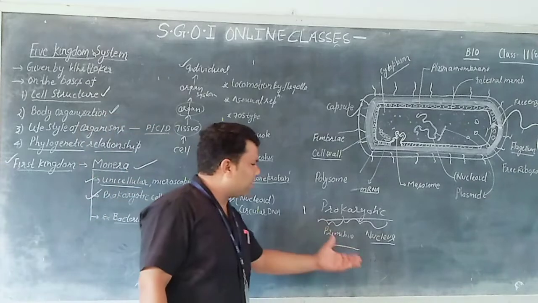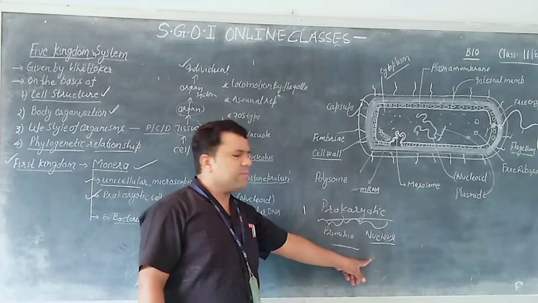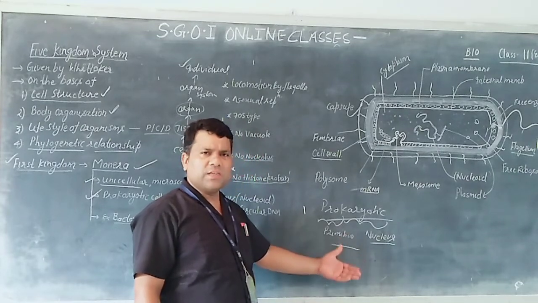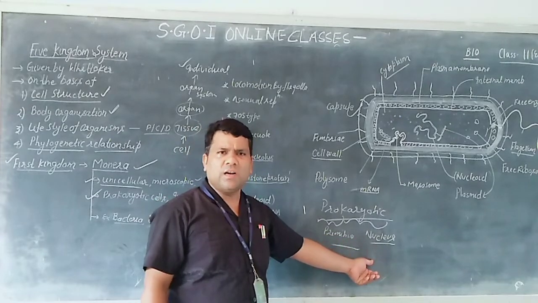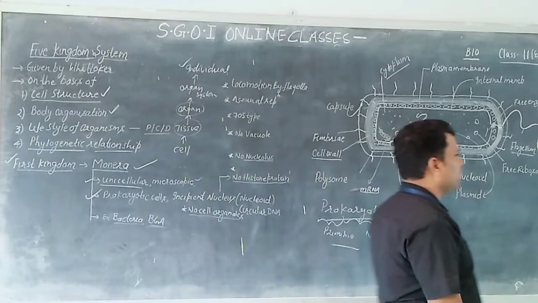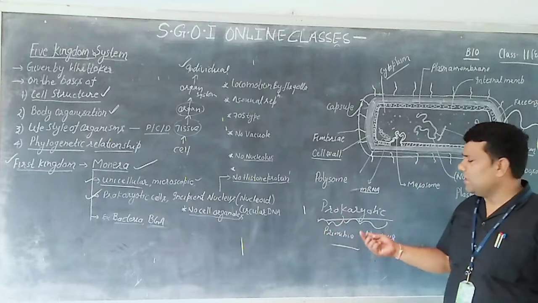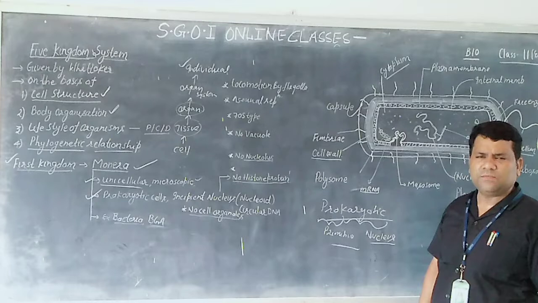Prokaryotes are primitive cells in which a primitive nucleus is found.